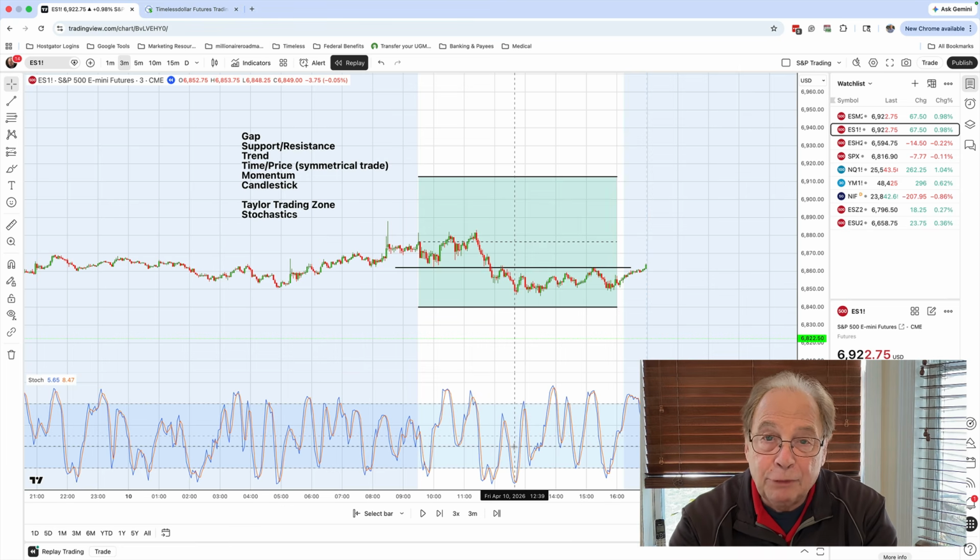Now, absent insider information, nobody knows where the market is likely to trade. So the Taylor Trading Zone is based on a mathematical formula of 12 different calculations, each one providing an average, and the actual trading zone for each day is an average of those 12 averages, and it's calculated each day.